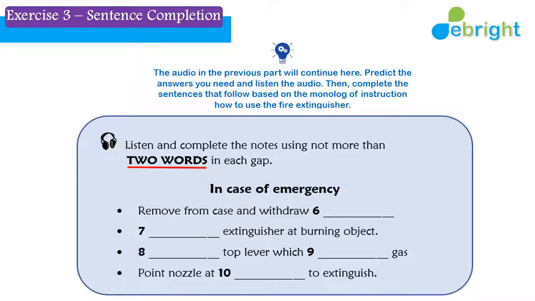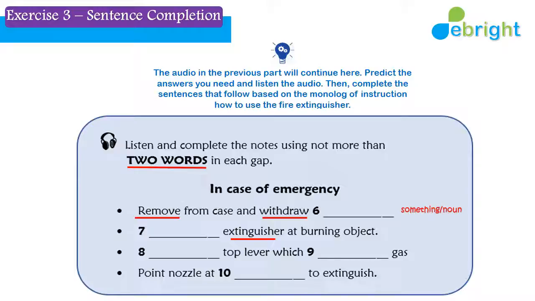So the keywords are remove and then withdraw. You should find the synonym of the word withdraw over there and then prepare to fill the correct answer for number 6. And number 7 and also number 8, because as I told you previously, it's in the form of instruction, so everything is in the form of verb 1 or imperative verb.